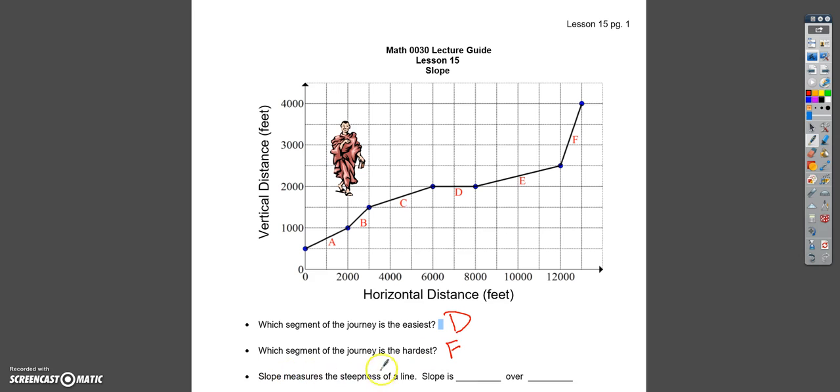So slope measures the steepness of a line, and slope is rise over run. So let's find the slope of segment A. The slope is rise, so we look this way. We rise 1,000, and we run 2,000.